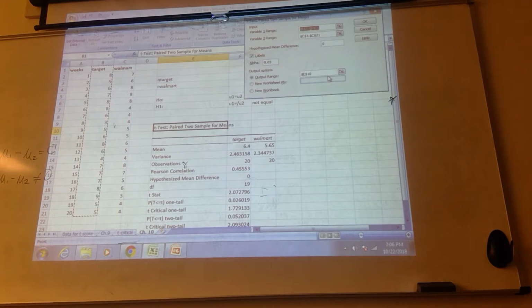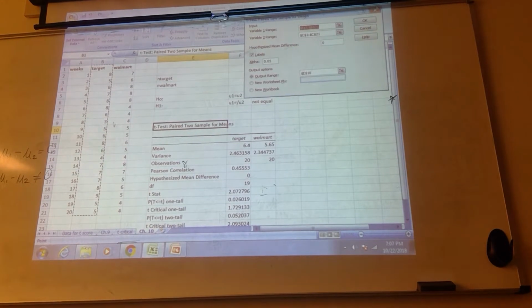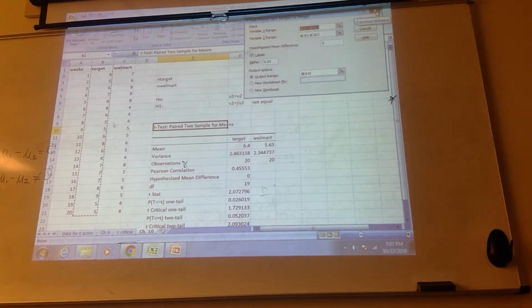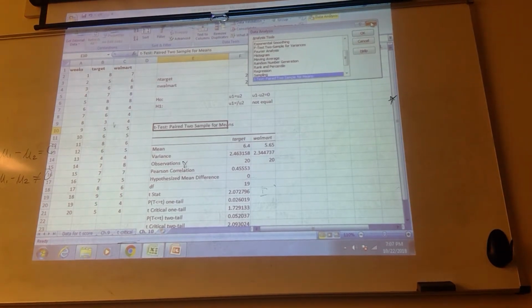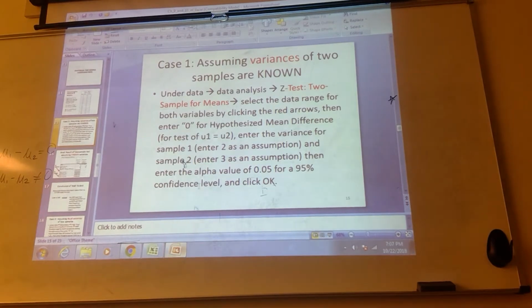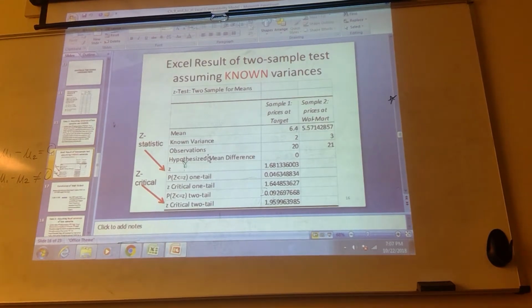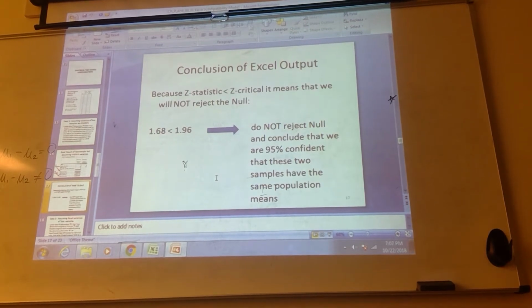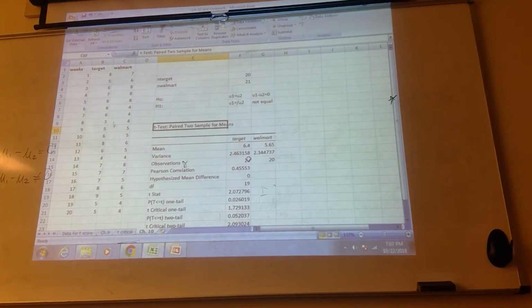This doesn't show the z-test. So we're going to have slightly different values than this.